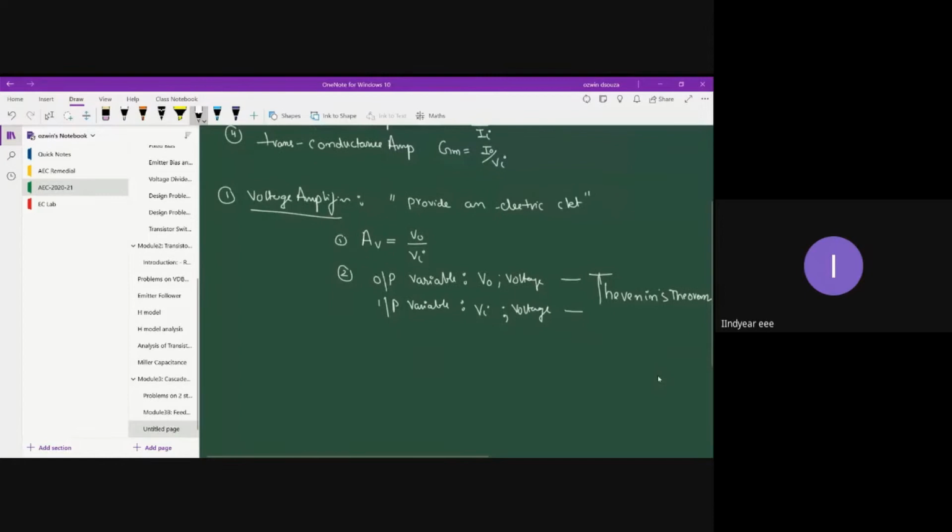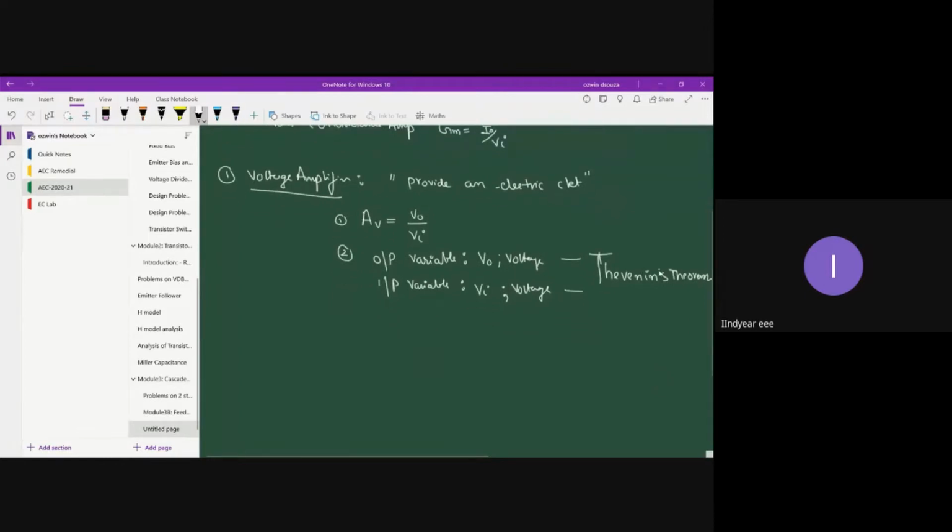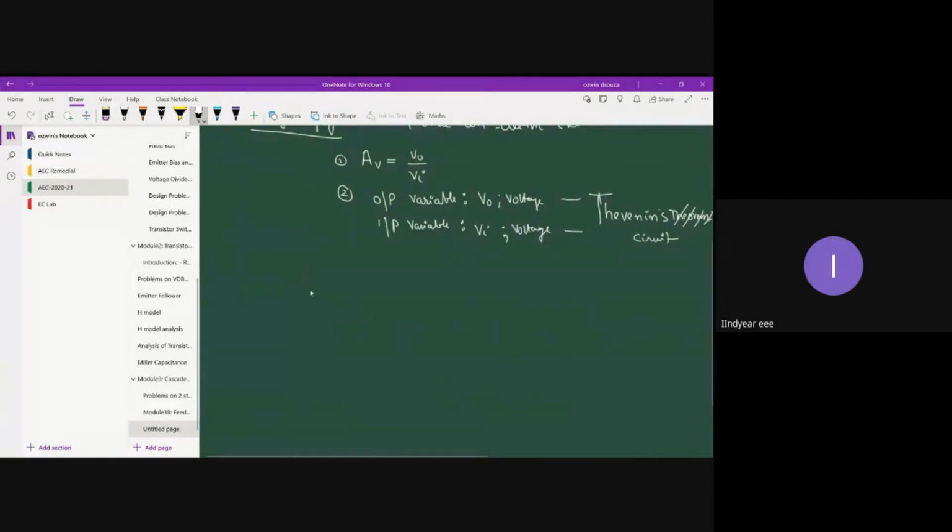So Thevenin's theorem, or you can say Thevenin's circuit, that would be more appropriate. So theorem, let me not write. Thevenin's circuit, let me write. All right, so on the input side, let us construct the Thevenin's circuit. What do we have? We have a source and we have a source resistance.